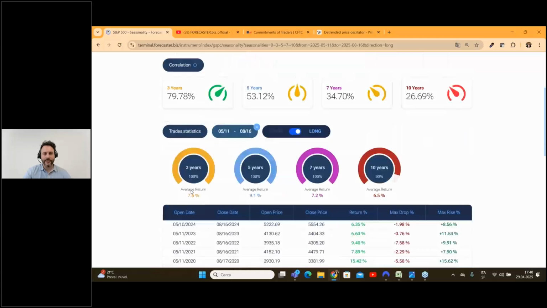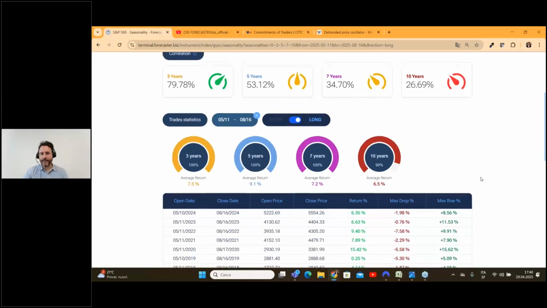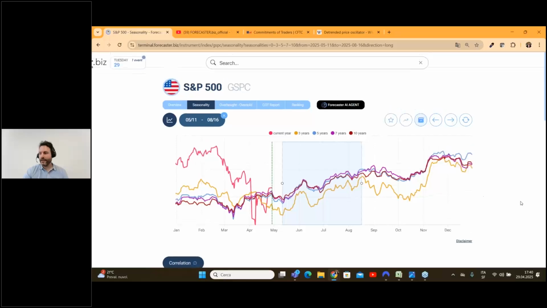And so we can definitely say that this is the return we can expect in this specific period. Okay? Is it clear, guys? Seasonality? Perfect. Now we can switch to another layer.